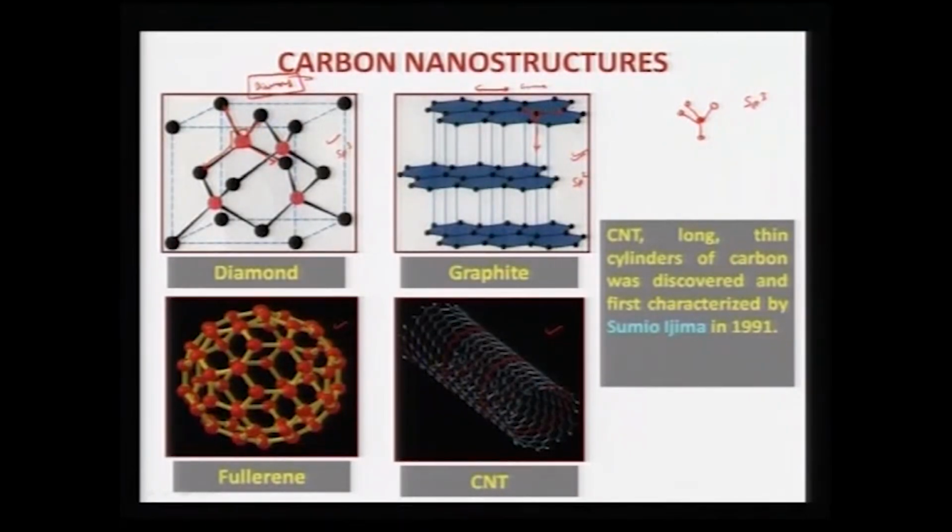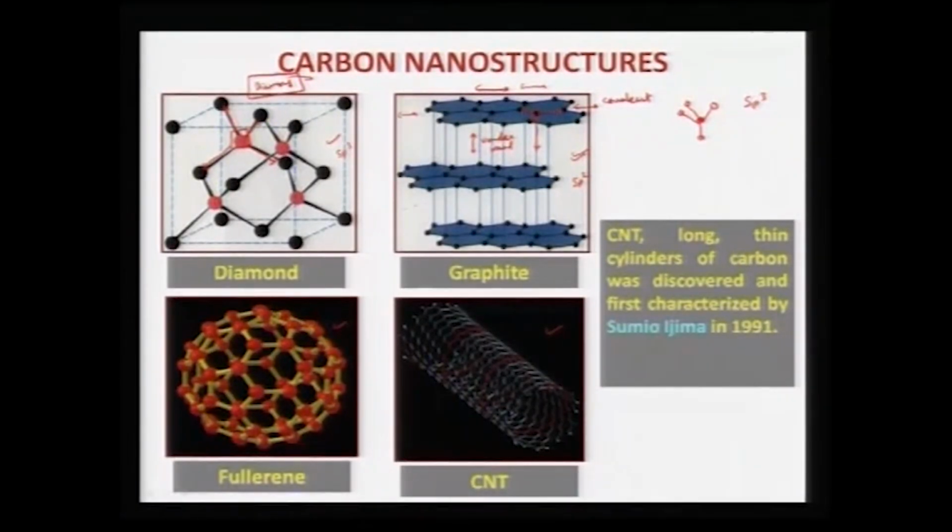Why? Because in this case we have a covalent bond, whereas along the vertical direction I have van der Waals attraction. So, in a graphitic structure I can get very high strengths along the horizontal axis, and these van der Waals forces are pretty weak in comparison to covalent bonds.